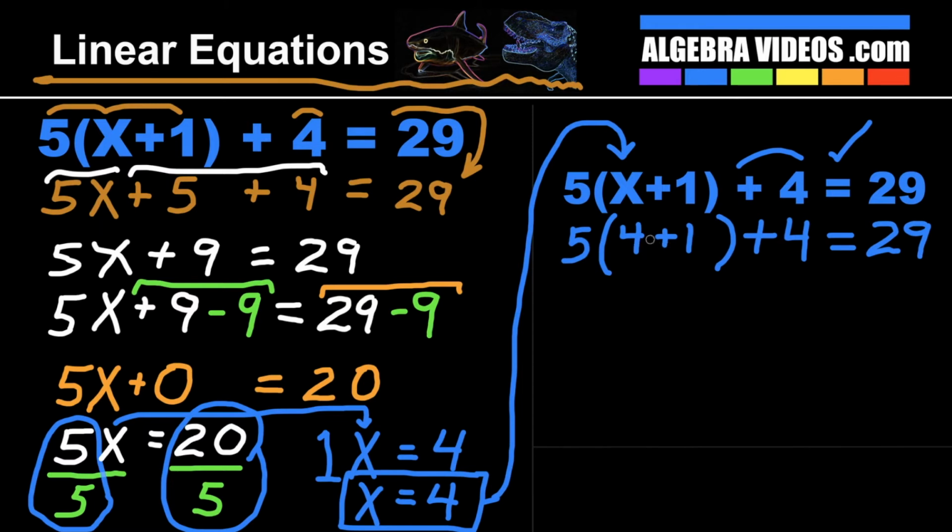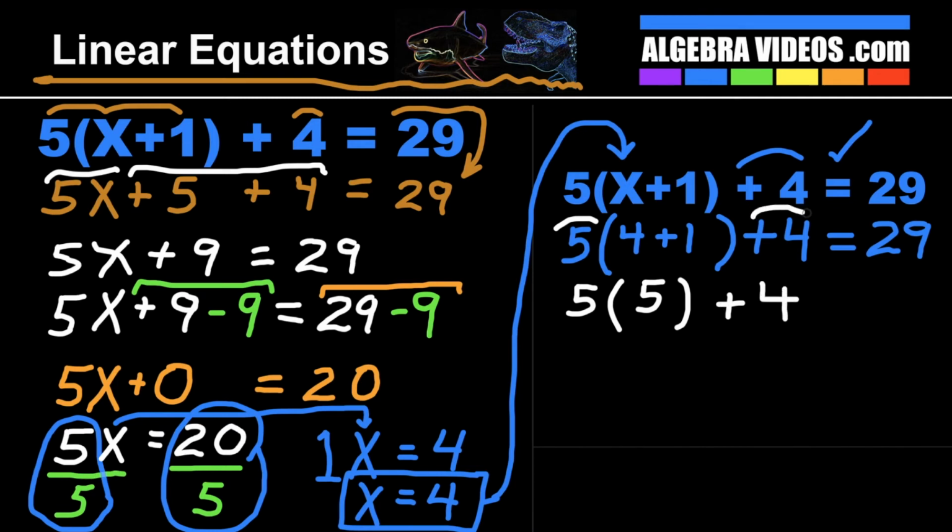We'll simplify the inside. 4 plus 1 is 5. So inside the parentheses, I'm going to rewrite the parentheses. But instead of 4 plus 1, I'm going to write 5. So that took care of that. And now the outside, this 5 stays the same. This 5 right here is this 5. Plus 4.